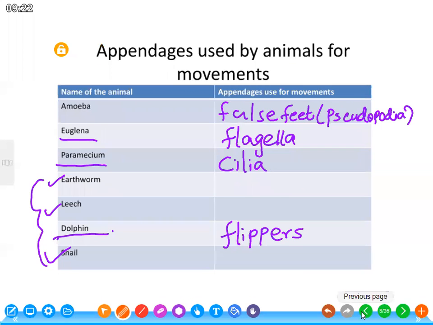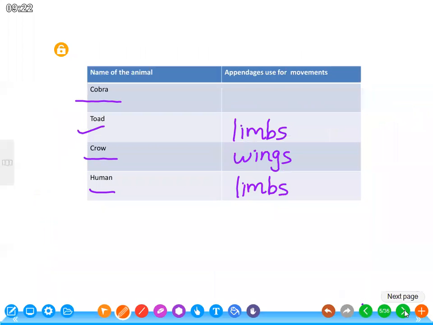So here you observe the name of the animal and their appendages used for movements.